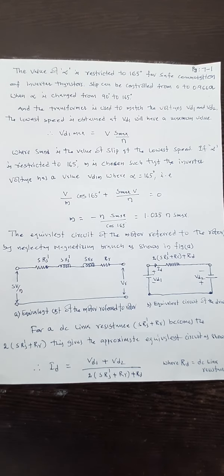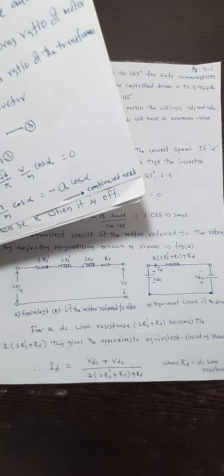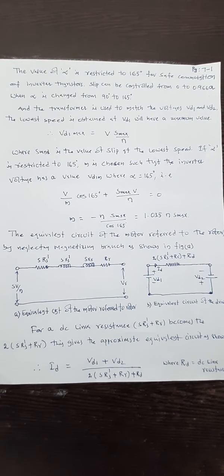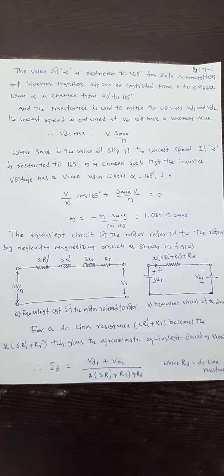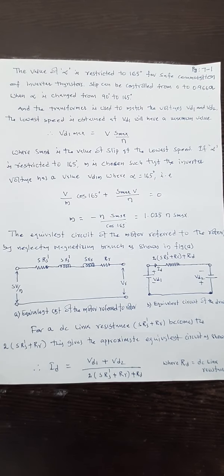Here, three equations are covered. In the last equation there is a cos alpha term, where alpha is the firing angle. When a controlled rectifier operates in the inverter mode, the firing angle has a range of 90 to 180 degrees.